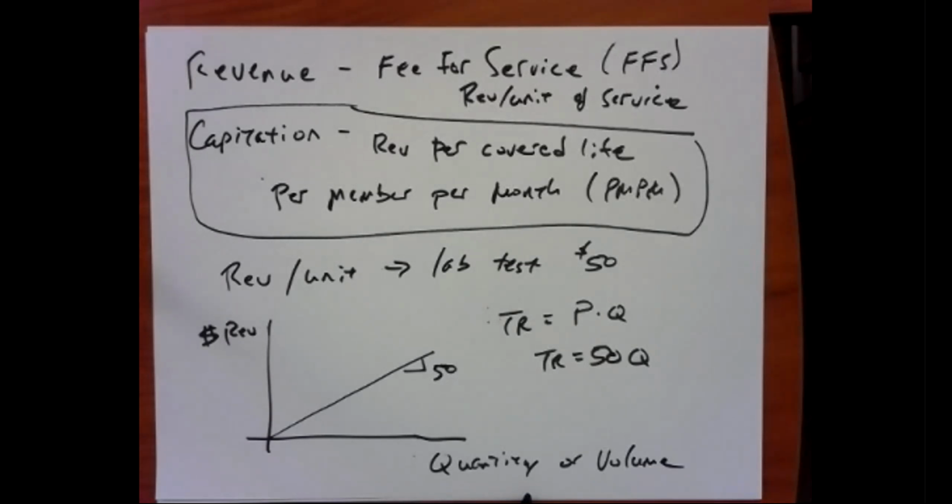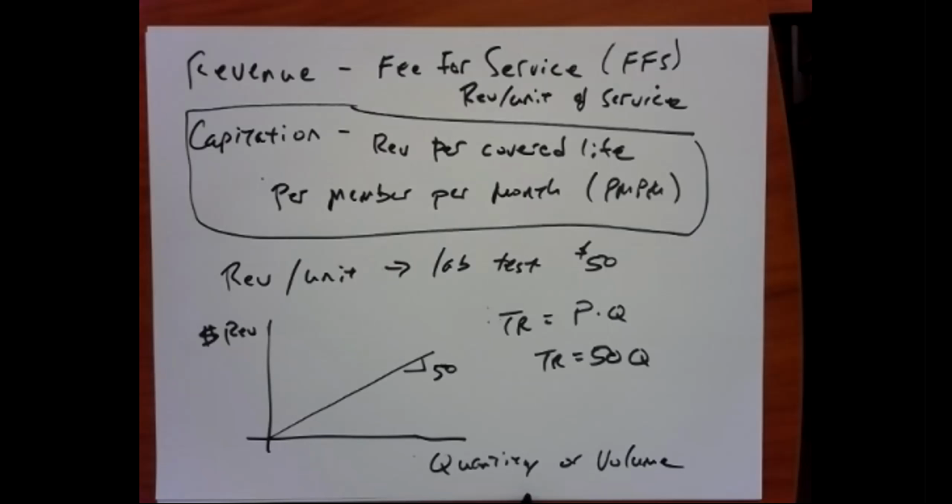Profit is equal to total revenue minus total cost. I'll write that down in a minute. So if I do 0 visits, my total cost is $100,000 and I have 0 revenue. So I have a loss of $100,000. I'm just going to copy that down.